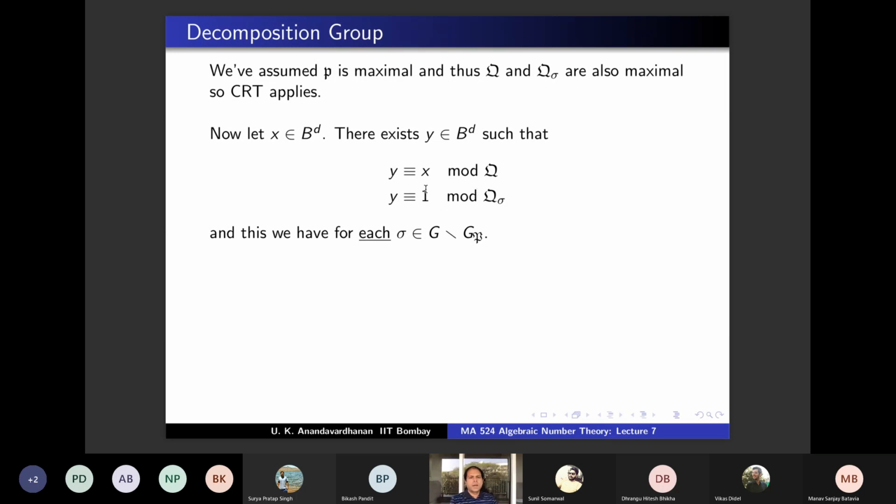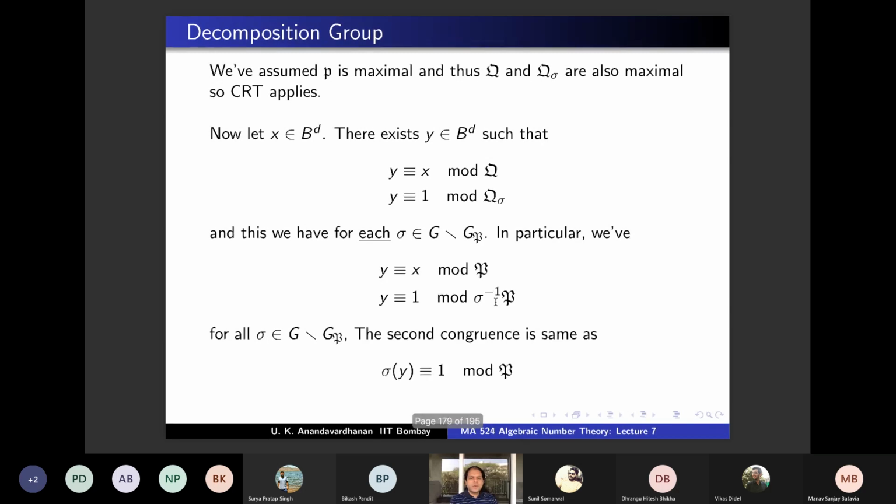Okay, where I am taking one for each of the Q sigma, and I get such a Y. In particular, this means Y minus X belongs to Q, but Q is contained in P. And similarly, Q sigma is contained in sigma inverse P. That was the definition. Q sigma was sigma inverse P intersection LD. So Y minus 1 is contained in this, and this is true for all sigma.